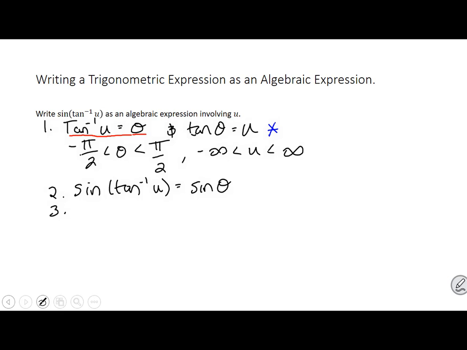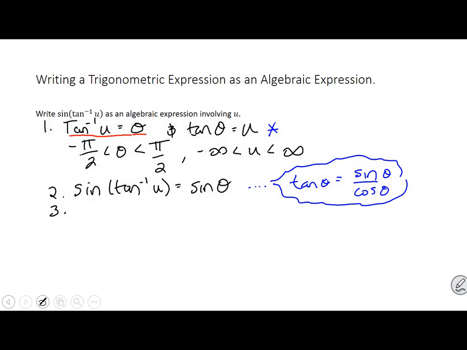Okay? So my thought bubble here is that I want tangent. Tangent is my end goal. I want some things in terms of tangent. But I know that tangent is sine over cosine. So maybe I need some kind of well-chosen one that involves cosine. And that's exactly what we're going to do.